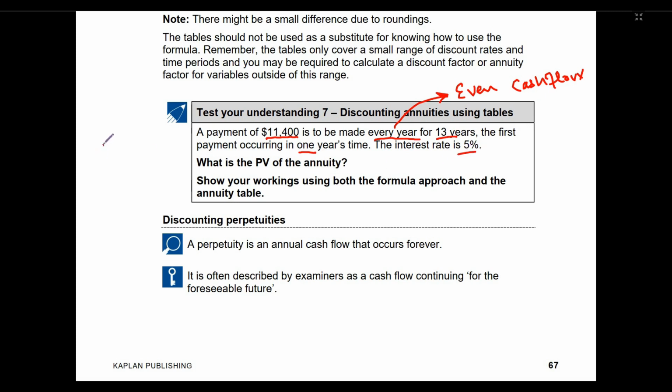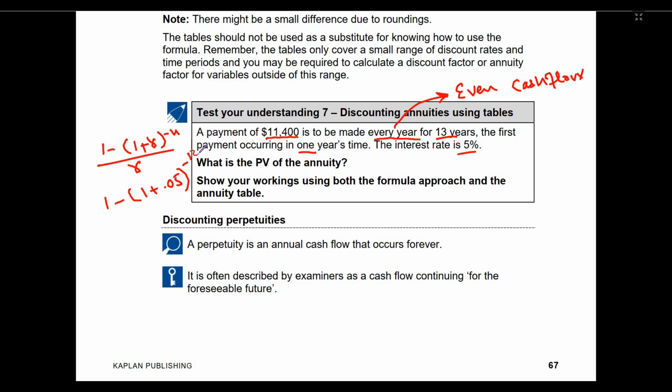Okay, fine. So we know what our formula is to calculate our annuity factor: 1 minus (1 plus r) to the power of minus n, divided by r. So here's how we will calculate it: 1 plus 0.05, raised to the power of minus 13. Sorry, it is not a percentage there, it's years. It is 5%, 0.05.